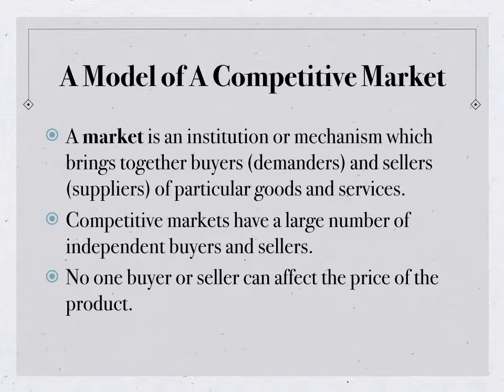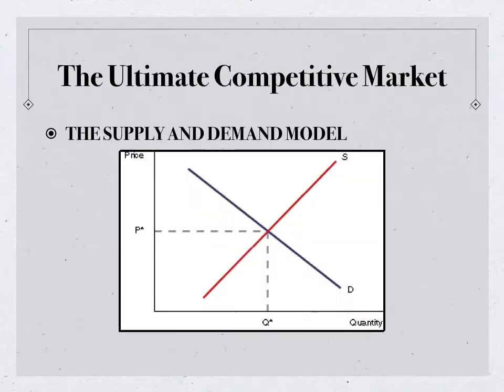Competitive markets, which are any markets where there are a lot of buyers and a lot of sellers, will always exist in our society and will always help us determine the prices and the quantities of the products. No one buyer or seller alone can impact the price. When it's competitive, all the buyers and sellers are way too small to actually impact the price.